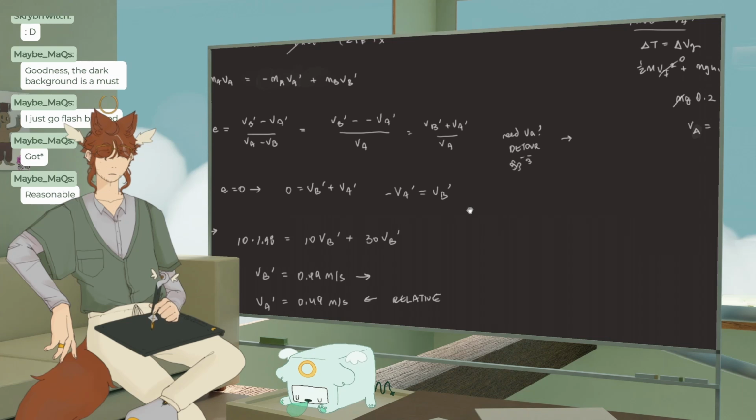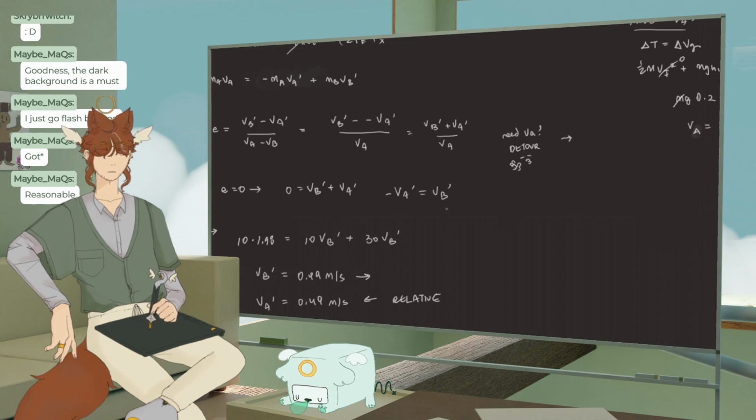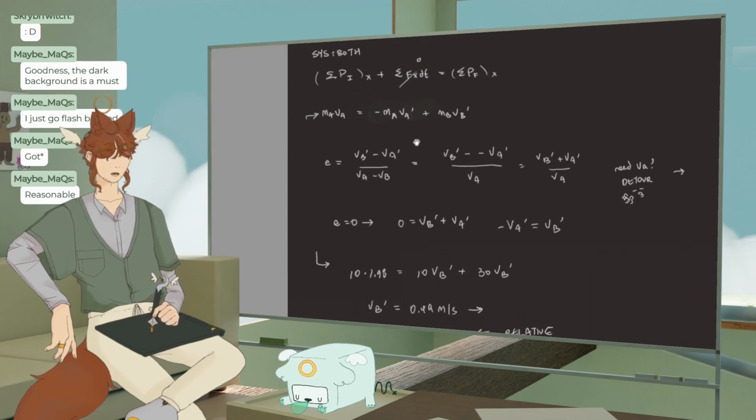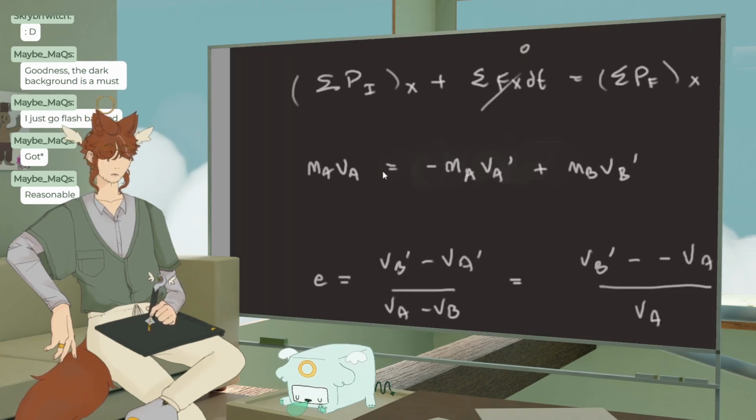It also wouldn't produce a 0 if... Oh, no, because the masses are different. What? What's happening? Wait. Okay, I guess I'm looking at this equation right here. If VA was equal to... Oh, you can't even see that arrow that I drew. This one right here. This equation. If VA was equal to VA prime, then VB would have to equal 0.